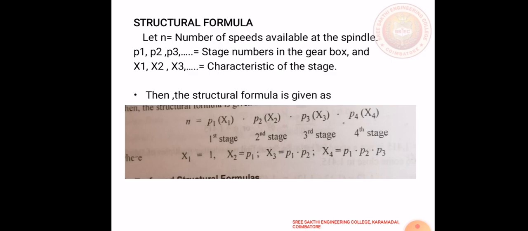Here n equals the number of speeds available at the spindle. P1, P2, P3 denote the stages available in the gearbox. X1, X2 are the characteristics of the stages, or intervals between two speeds of the gearbox. So this is the structural formula.